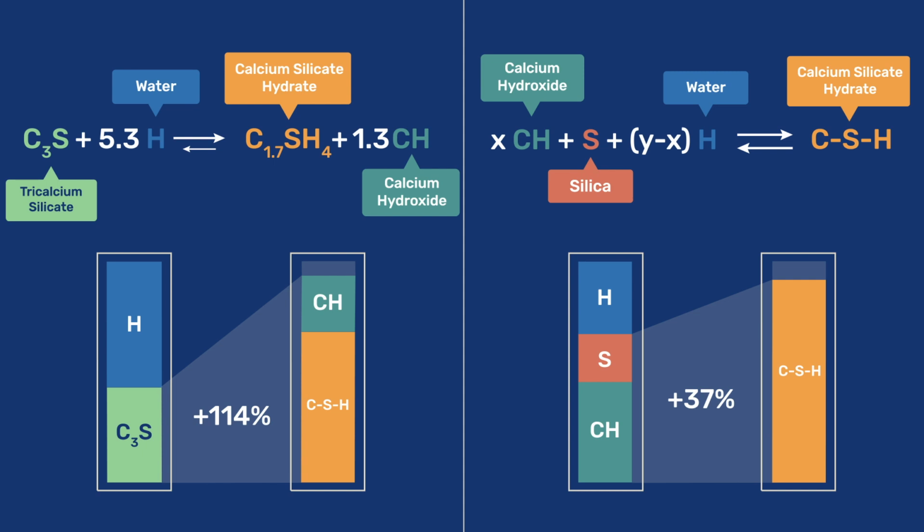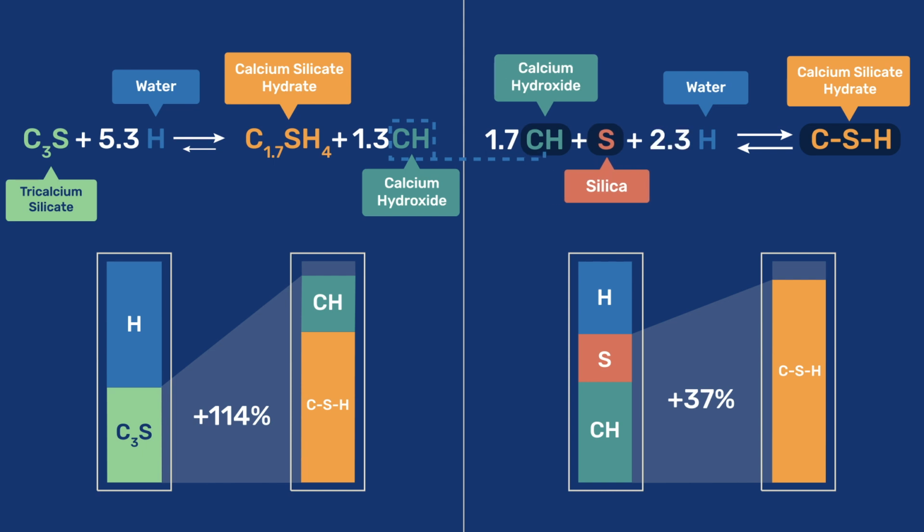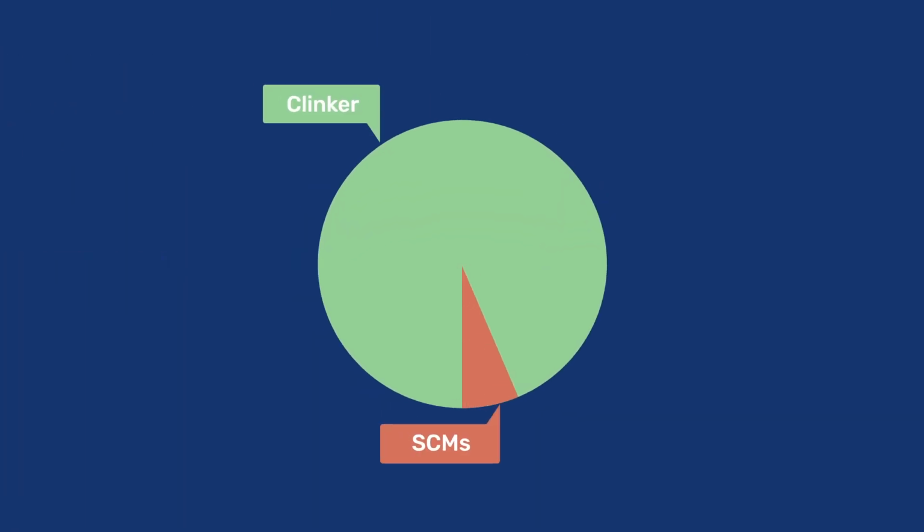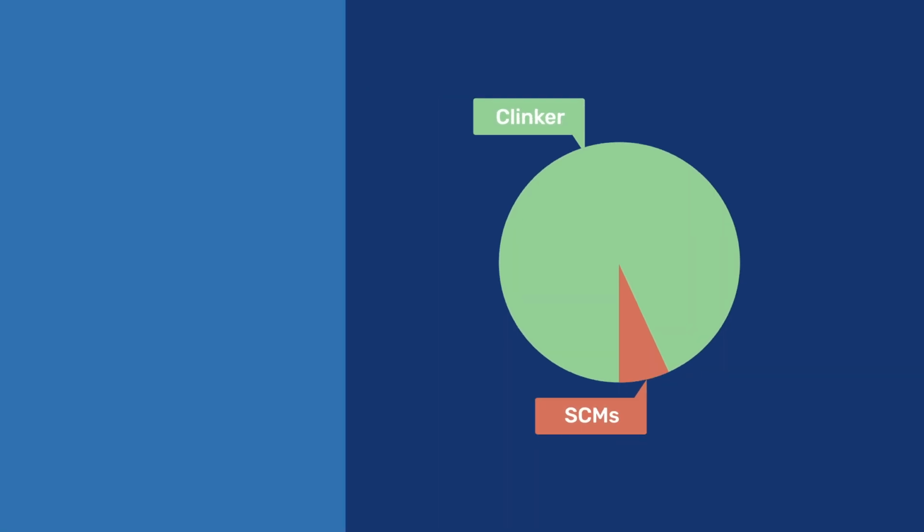The key feature of pozzolanic SCMs is that the amorphous silica they contain, and that we note S, reacts with calcium hydroxide to produce C-S-H, whereby 1.7 CH plus S plus 2.3 H gives C-S-H. Importantly, as more and more clinker is replaced by SCMs, two things happen.